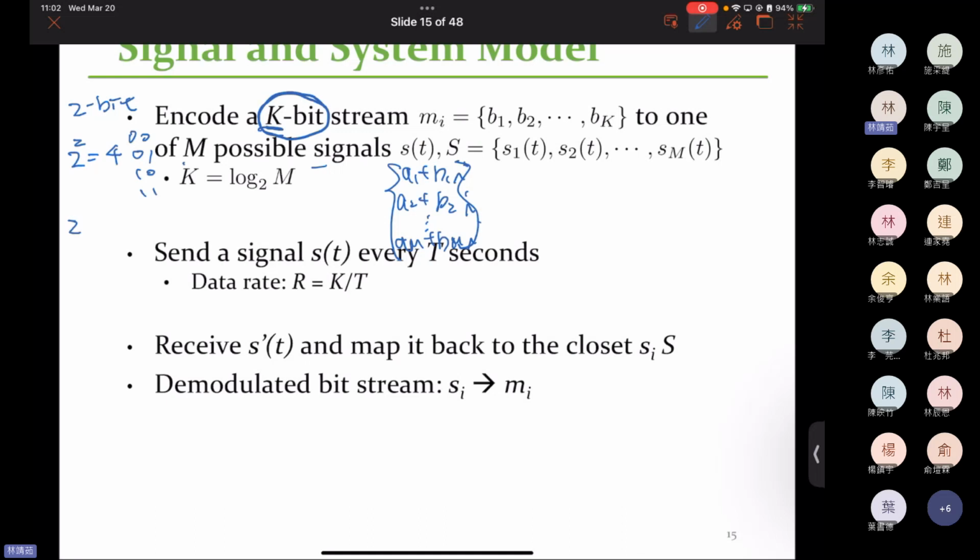If you have 3 bits, then you have 2 to the 3 bit patterns, which is 8: 000, 001, 010, 011, 100, 101, 110, and 111. So once you have k bits, you will generate 2 to the k different patterns, which means you need to have m different signals, m equal to 2 to the k, to represent each of these individual bit patterns.